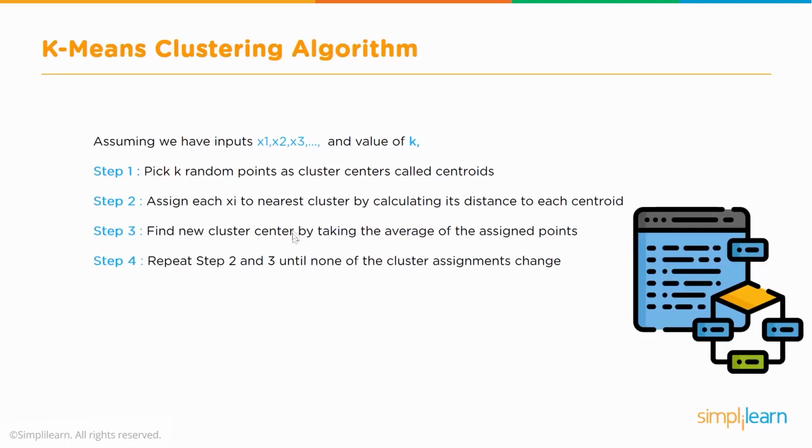So that kind of reallocation may happen. We repeat steps 2 and 3 until the positions of the centroids stop changing, and that's when we have convergence.